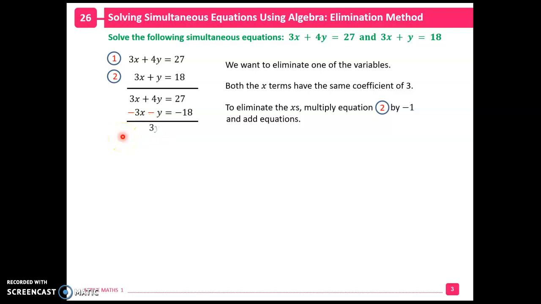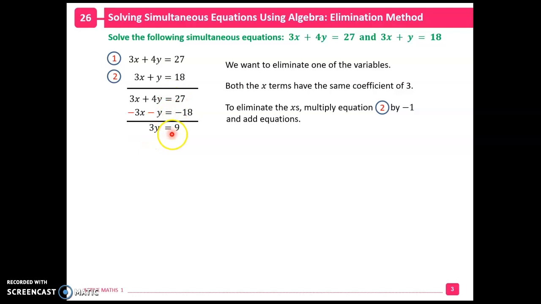So if we do that, we see 3x plus minus 3x is no x's. x has been eliminated. It's no longer here. There are no x's, so we don't have any. 4y and minus y gives us 3y. So when we add these 4 things together, our total is 3y, and x has been eliminated.